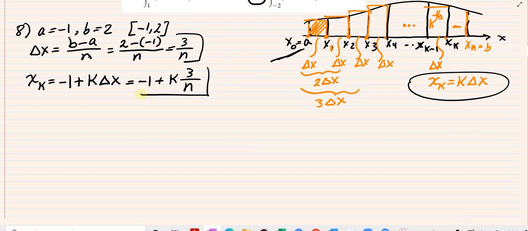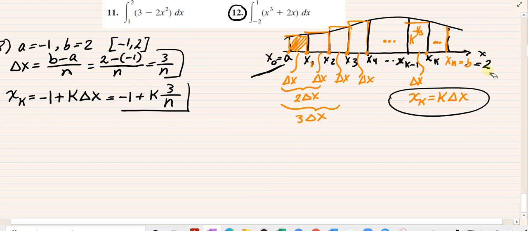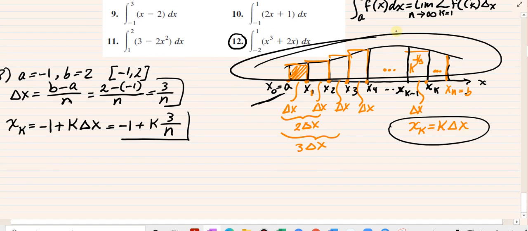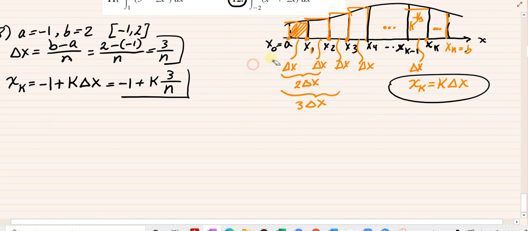And of course, remember, x sub n is going to be b, which in this case is 2. Now, I'm not saying this is the graph of the function. I know that's a parabola. In number 8 we have x squared, which is a parabola. I'm just using a general curve. The curve itself doesn't matter. What matters is how we think about the relationship between x sub k and how many delta x's it takes to reach there.